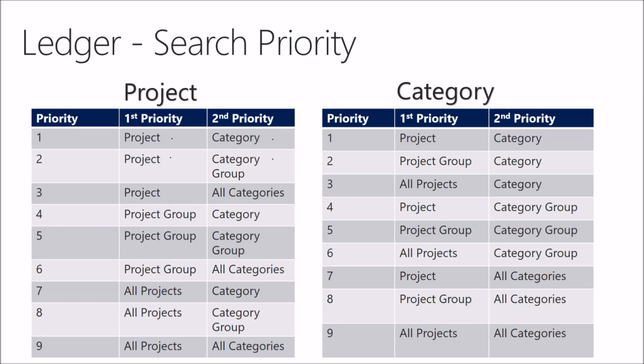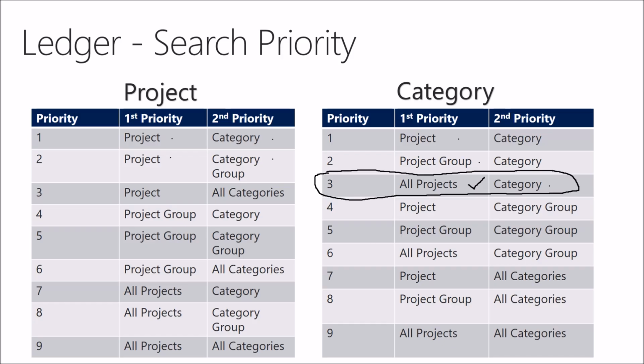I would want it to use the other search priority where it says, all right, you've defined an account associated with that administrative category. Do you have it at the project level? Nope, we didn't. Is it at the project group level? No, we didn't have that either, but we had a specific category set up for all projects. So it used this one, and I believe I had mine set up with the search priority of category.